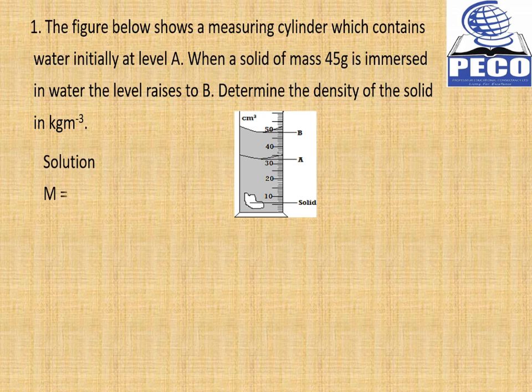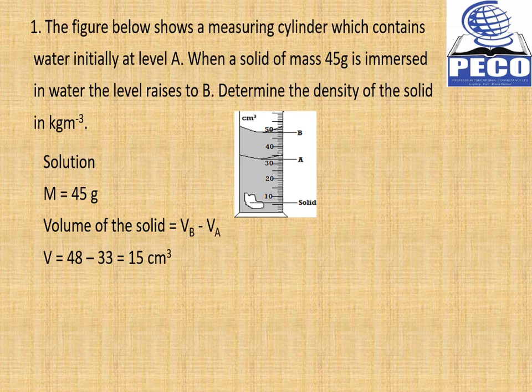So in our solution, our mass is 45. Our volume is the volume at B minus the volume at A. The volume at A, if we look very well, is 30, 31, 32, 33.